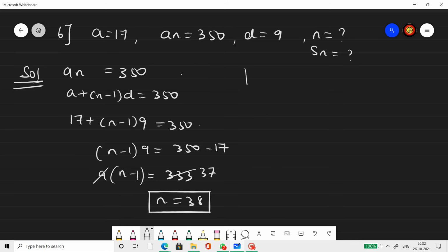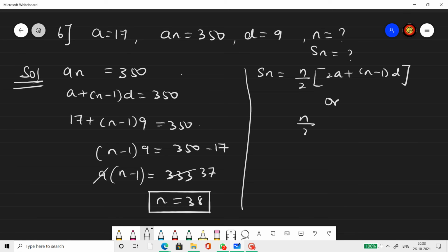When n is 38, Sn equals n by 2 into 2a plus n minus 1 into d, or you can even do n by 2 into a plus an. So I am doing the second way. N we found as 38, 38 by 2, a is 17, an is 350.